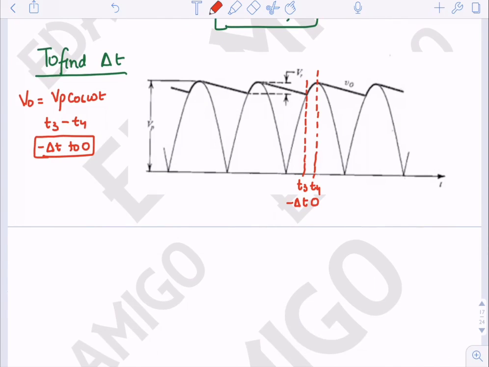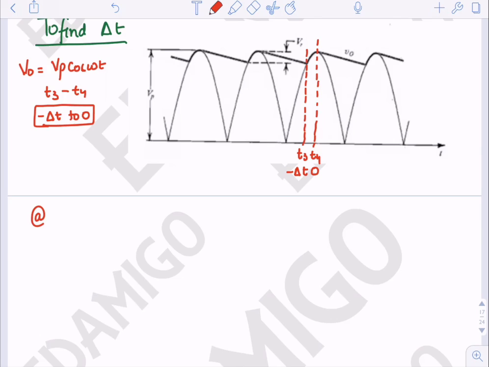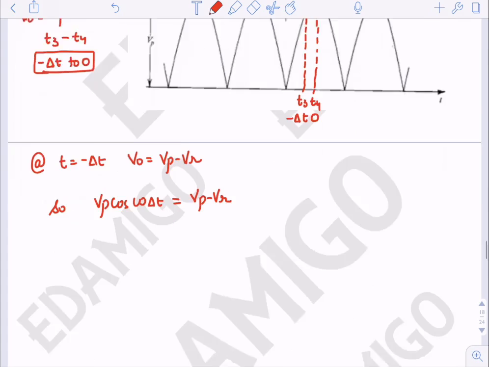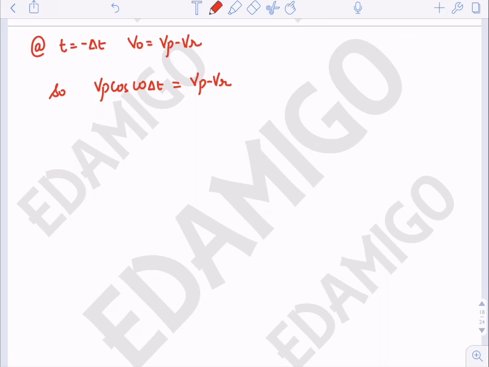Now to find out delta t, we know that at t equals minus delta t, Vo is equal to Vp minus Vr. So Vp cos omega delta t is equal to Vp minus Vr, and by a similar exercise as we have done earlier, omega delta t will be equal to the square root of 2Vr upon Vp.